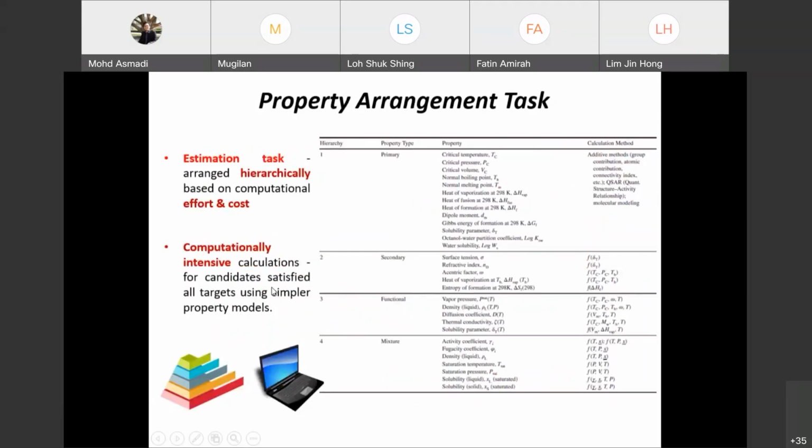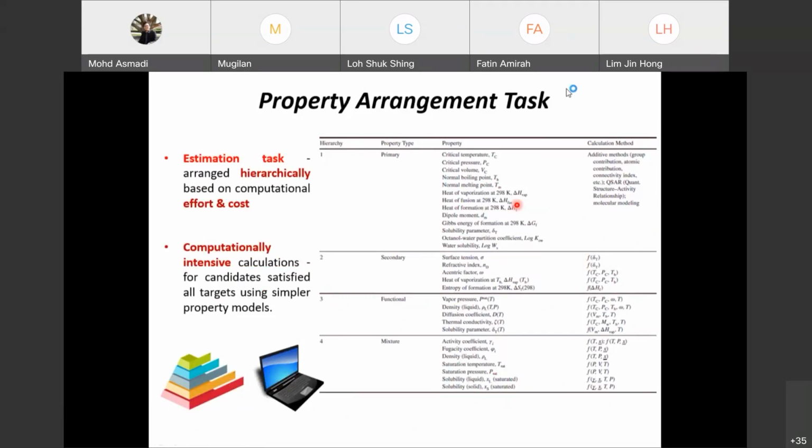This is the property arrangement task. If you look here, there are 4 hierarchies. The property estimation tasks are arranged hierarchically, based on the computational effort and cost to calculate the property values. For example, if you have a thousand candidates, you screen based on this hierarchy.